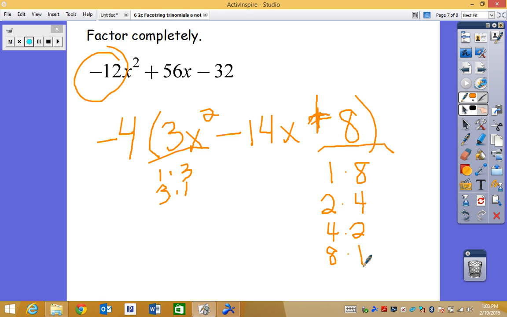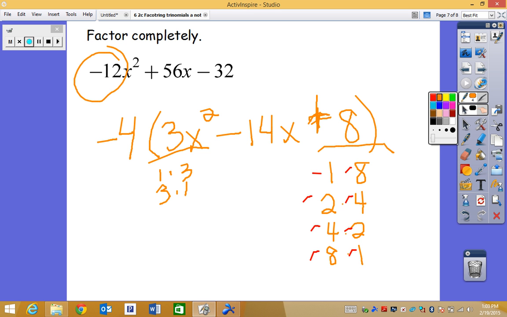Alright, so since 8 is positive, but we need a negative 14, that means that all of these need to be negative. Since negative 1 and negative 8 will also give me positive 8, but we want it to add up to a negative number, which means you got to make all of those negative. Now find the pair of outsides and insides that give me negative 14.